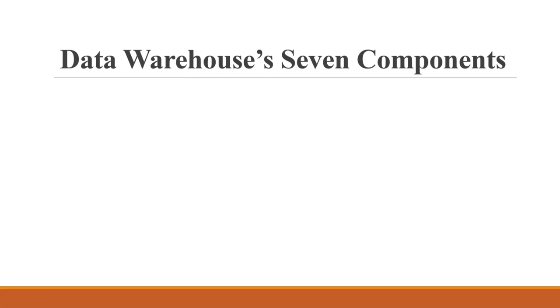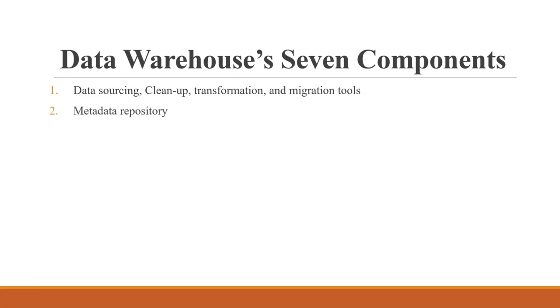The data warehouse has seven components. The first one is data sourcing, cleanup, transformation, and migration tools. The second one is metadata repository. The third one, warehouse or database technology.